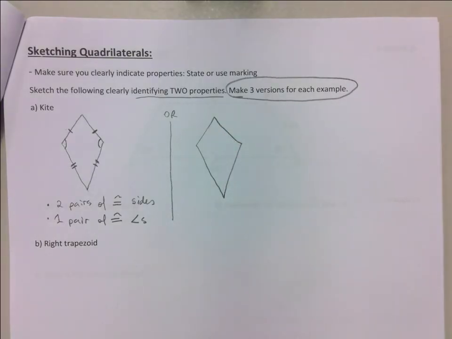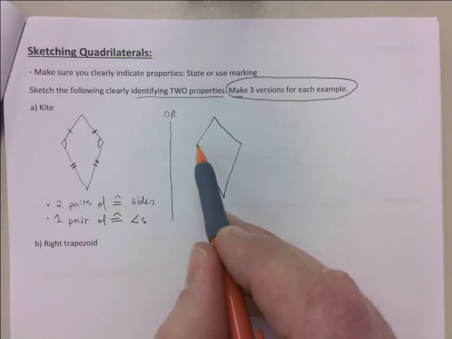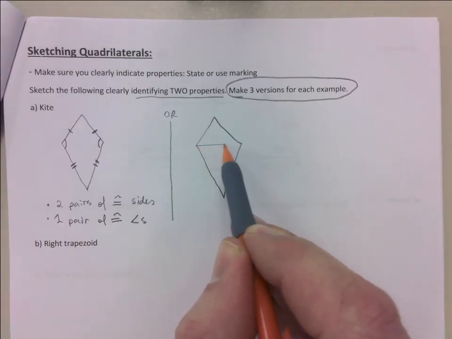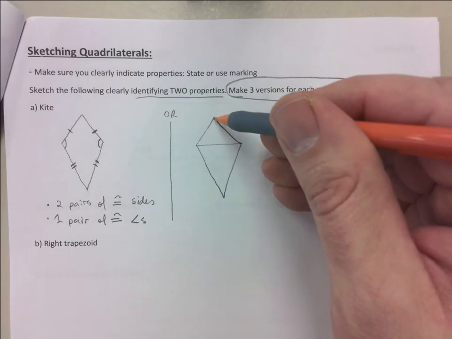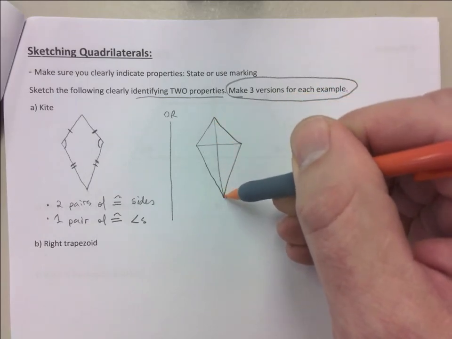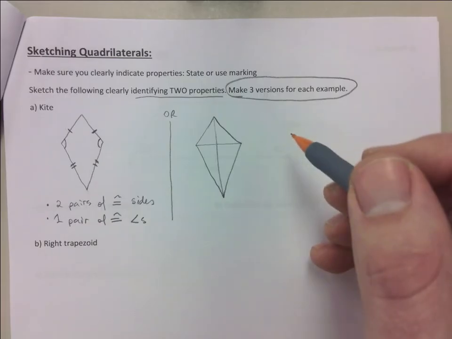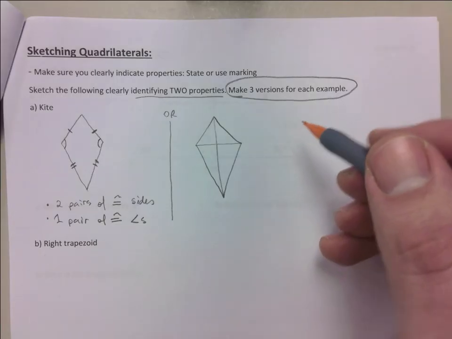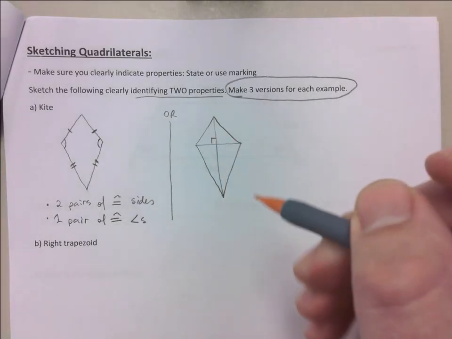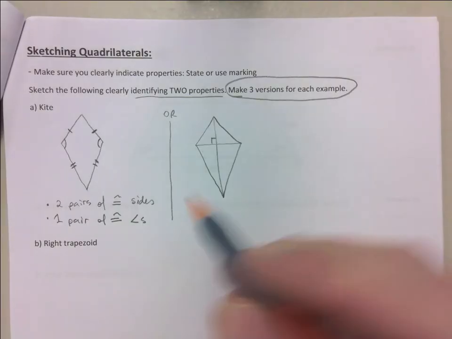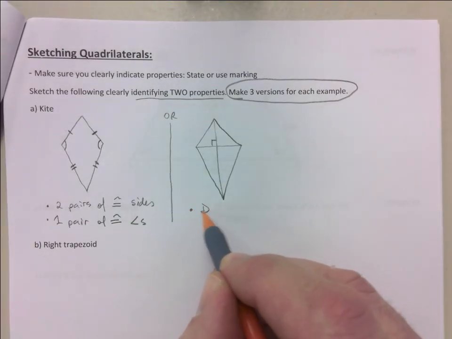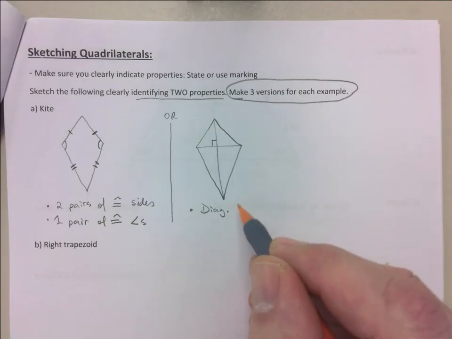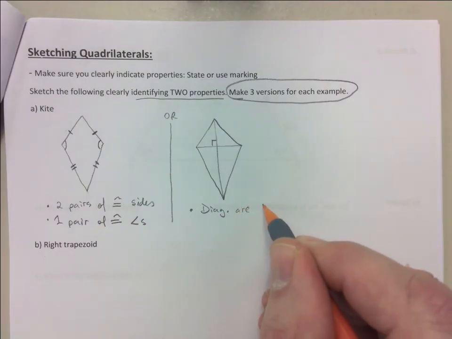I'm going to talk about the diagonals because that's something that sticks, okay? So I will make the short diagonal and the long diagonal. What do we know about the diagonals? They meet at a 90. Okay. Property number 1. I will say that diagonals are perpendicular.